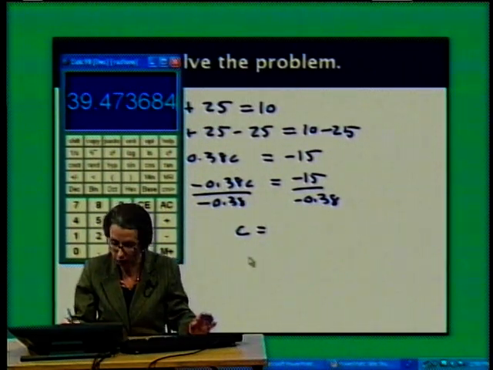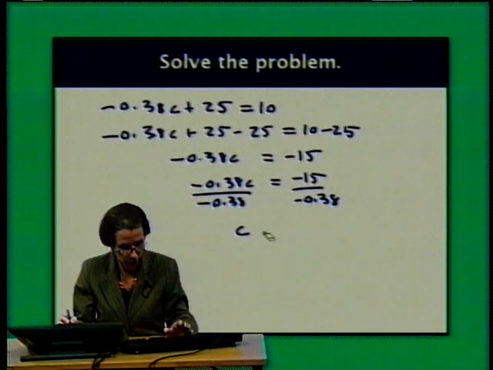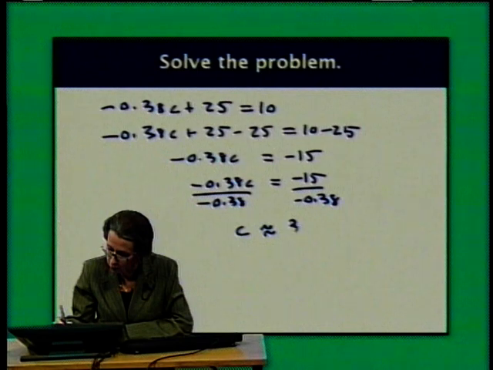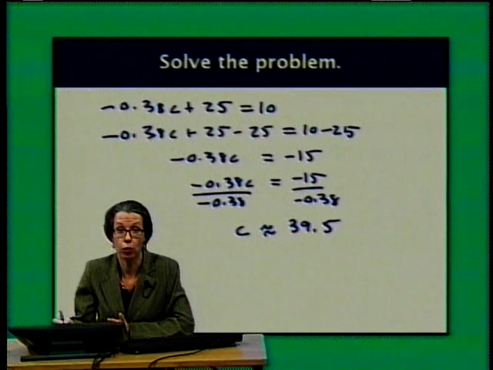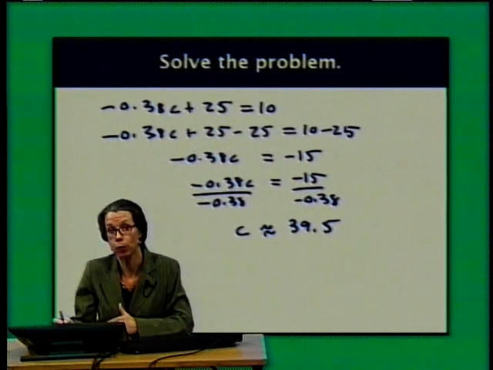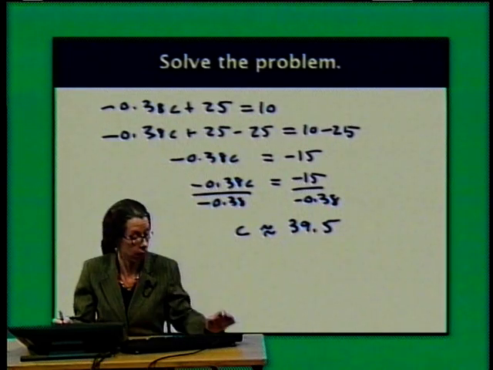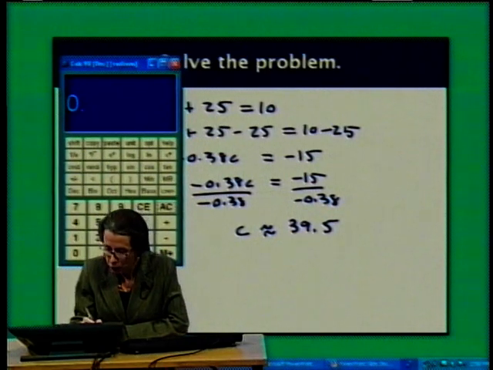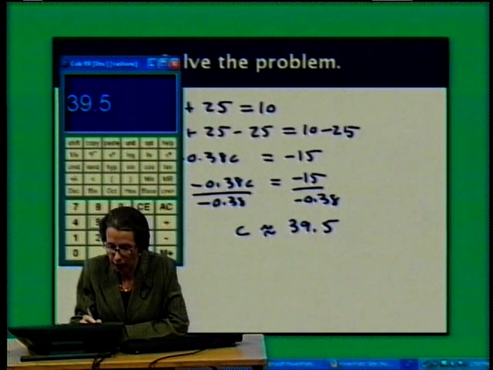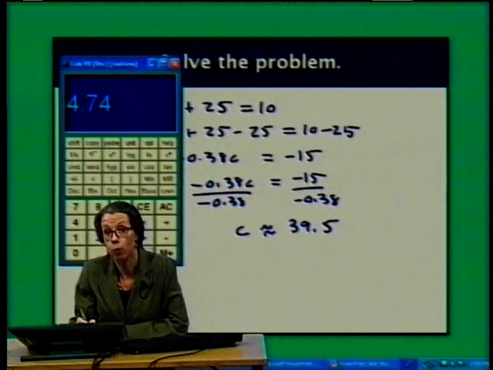So I'm going to round this off to 39.5. So now I need to check my solution. I am going to add up the amount of fat in the final mix and divide it by the 50 ounces that I have. And I'm just going to do a quick calculator check here. So I have 12% chocolate, and I have 39.5 ounces of that. So that's 4.74 ounces of pure fat in that.